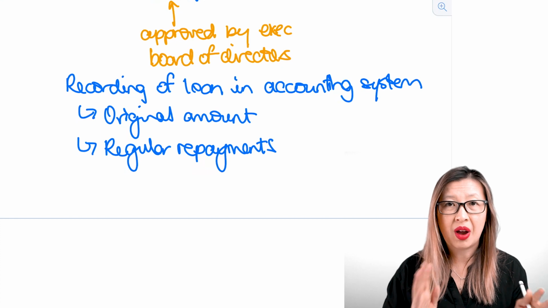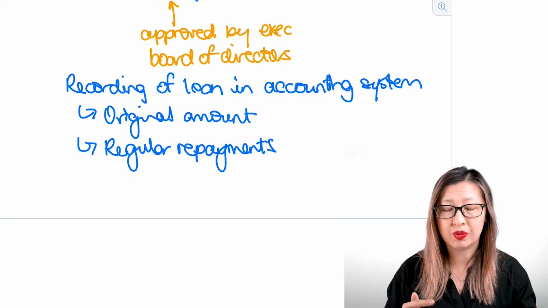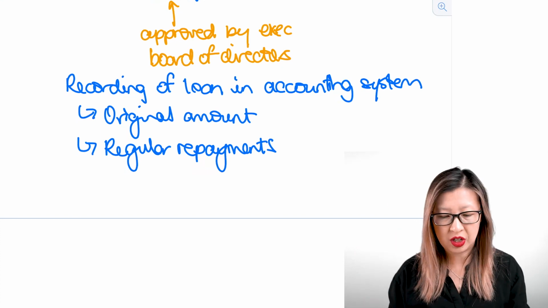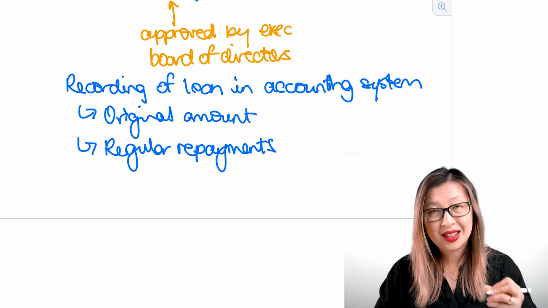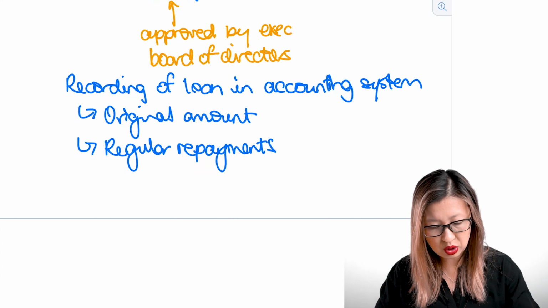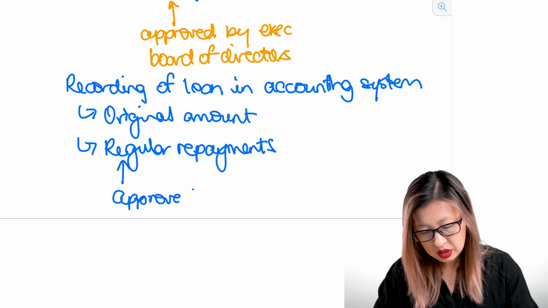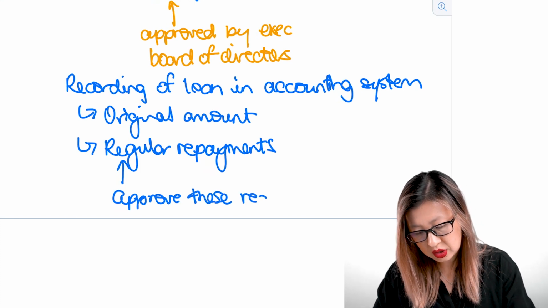And of course, if there are journal entries that are going to be recurring, so you set something up every month, the bank loan repayment journal entry automatically occurs, then there needs to be definitely a process to approve these recurring journal entries.